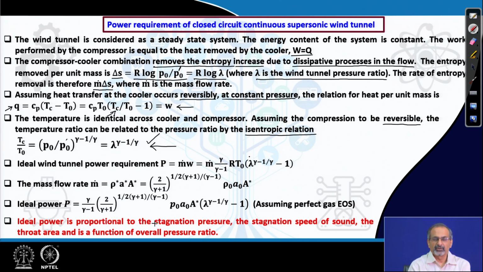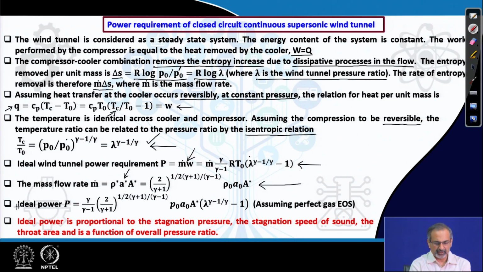Ideal wind tunnel power requirement will therefore be m dot into W, which is given by this expression. We would further write down an expression for m dot, considering that the throat is choked, based on the star conditions at the throat, which gives you this equation.